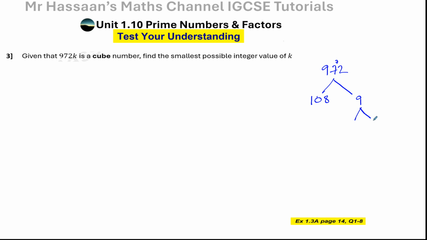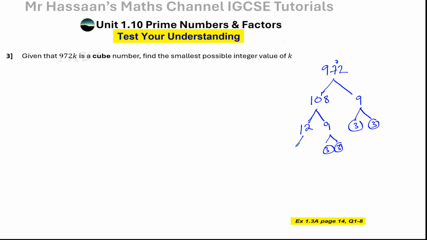So 9 splits up into 3 times 3, which are both prime numbers. 108, well, again, 9 goes into this. The sum of the digits is 18, which 9 goes into. So 9 goes into 10 one time, remainder 1. 9 just is 12. We know that 12 nines are 108. We should remember that. So you have 12 times 9. Of course, the 9 becomes again 3 times 3.